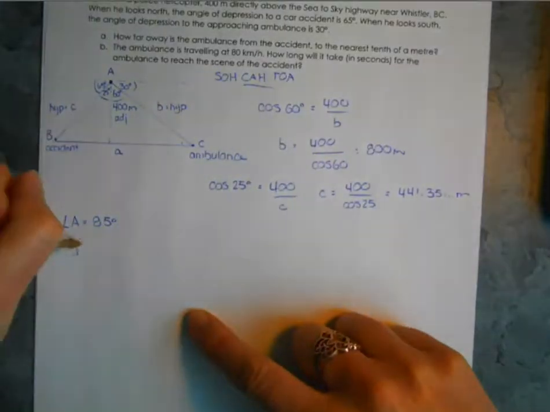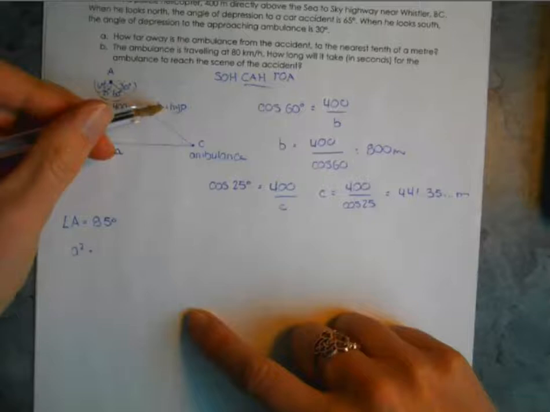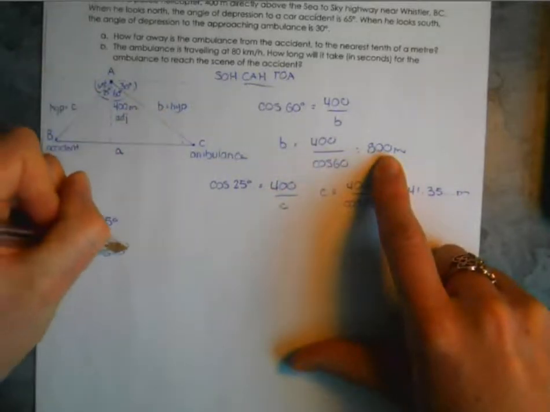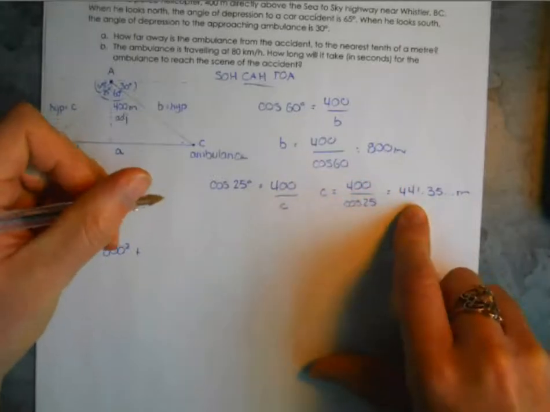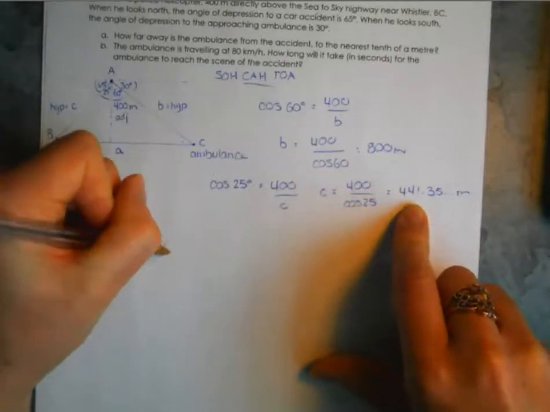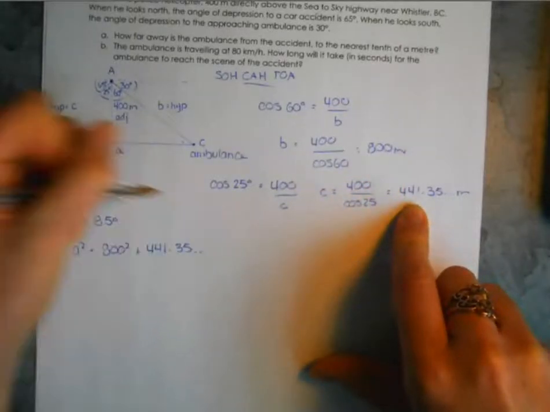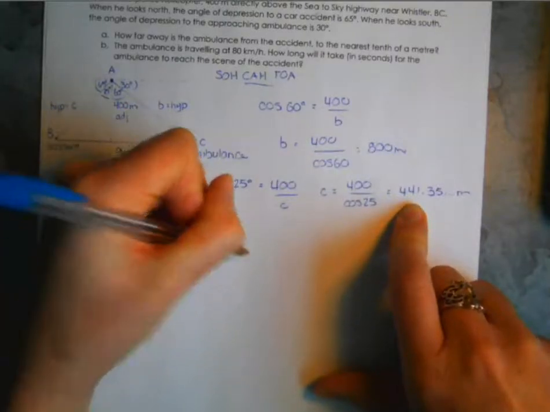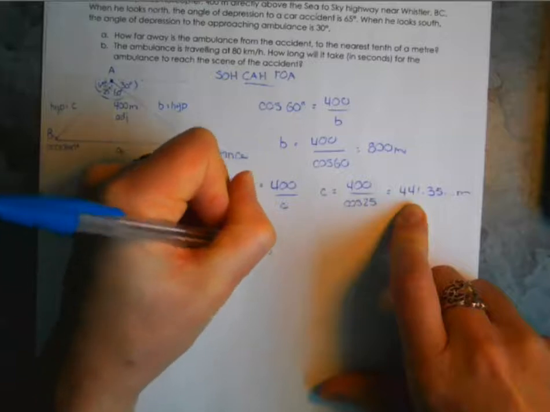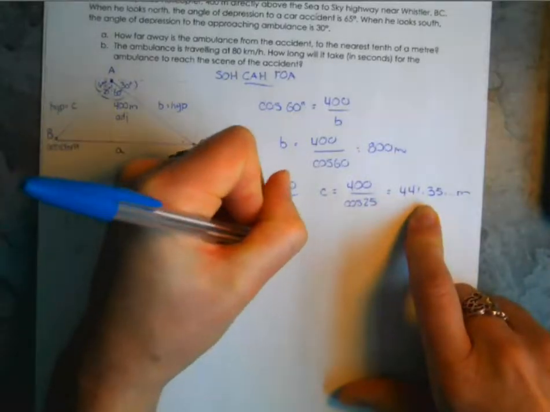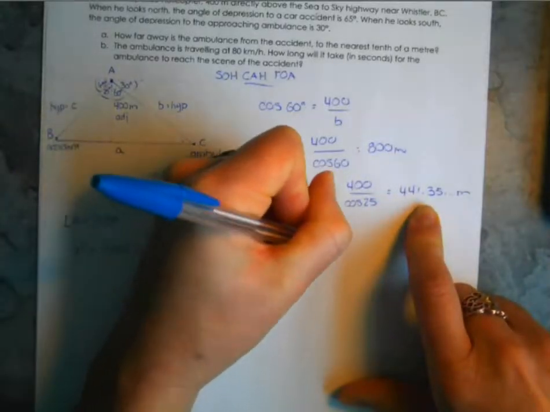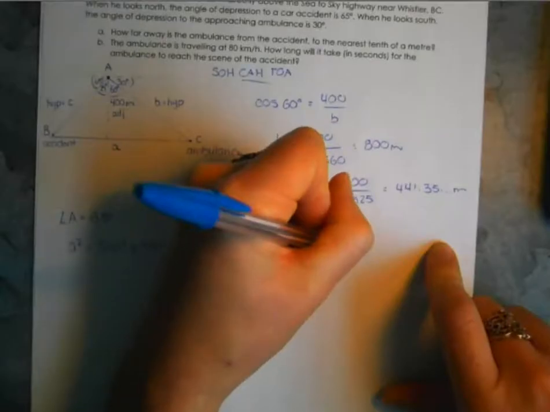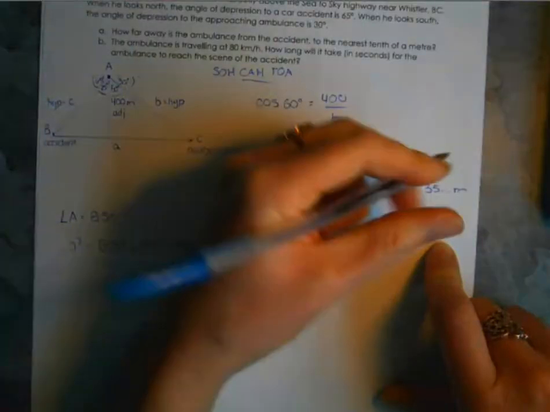So A squared is equal to B squared, which we said was 800 squared, plus C squared, which was 441.35 squared, minus 2 times B times C times cosine of angle A. So that'd be cosine of angle A, which was 85 degrees.